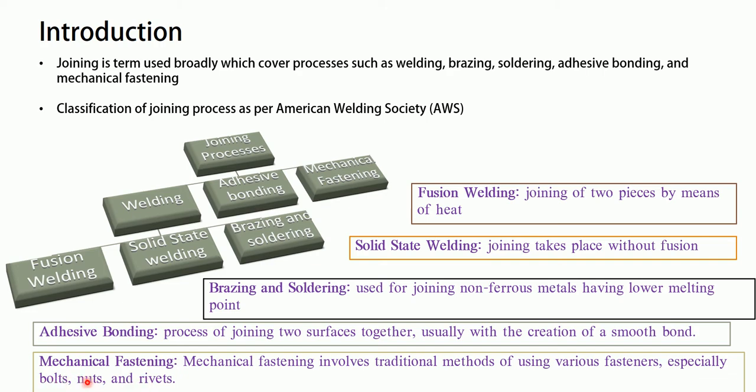Bolts and nuts are the elements used for making a temporary joint. So the two pieces which are joined can be dismantled and joined again. Rivet is a permanent joint. Once the joint is made, to dismantle the two pieces, the rivet needs to be broken.